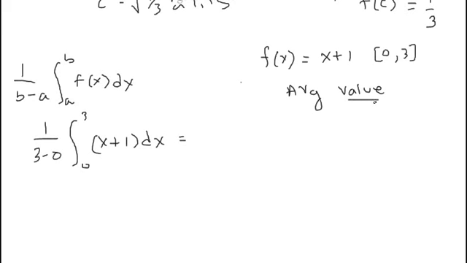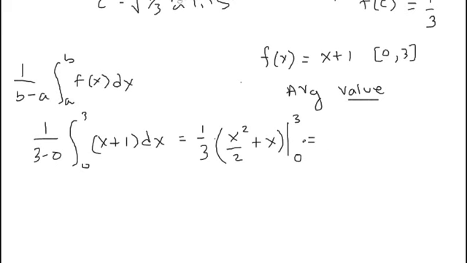And when we usually say value, we mean, if you were looking at that as an ordered pair, we're basically talking about the y-coordinate. Okay, so this is 1/3 times, and this is going to be x squared over 2 plus x, and we're going from 0 to 3, and we plug our stuff in.